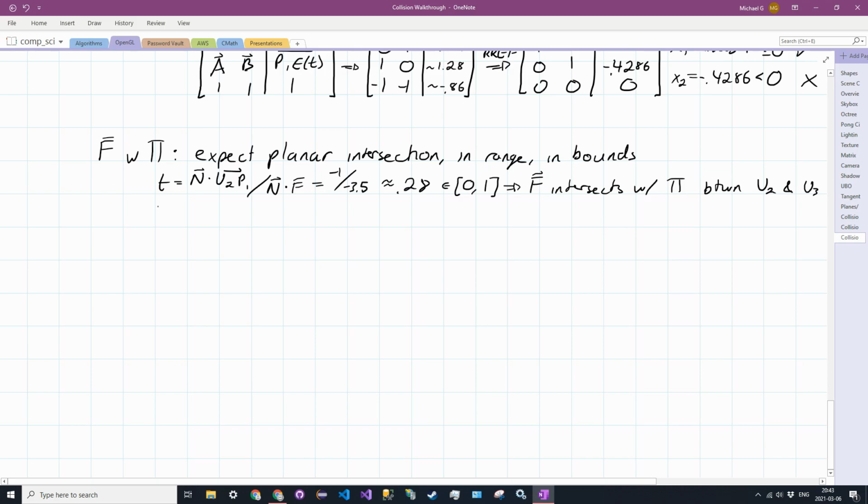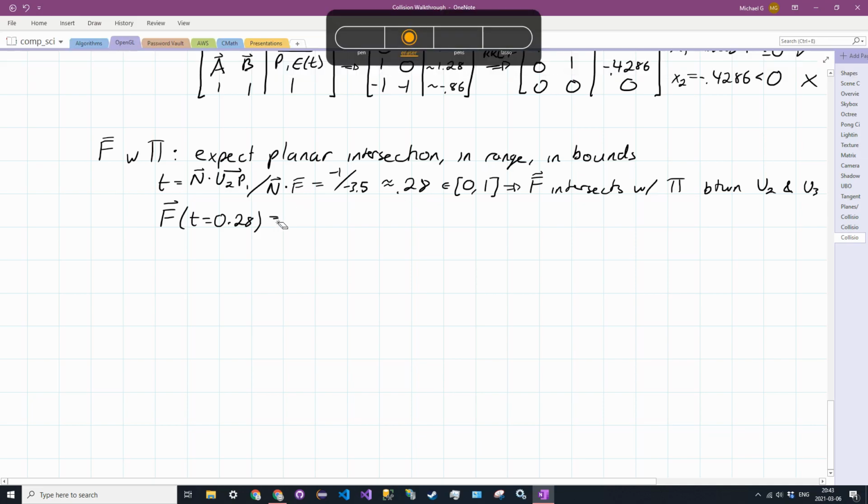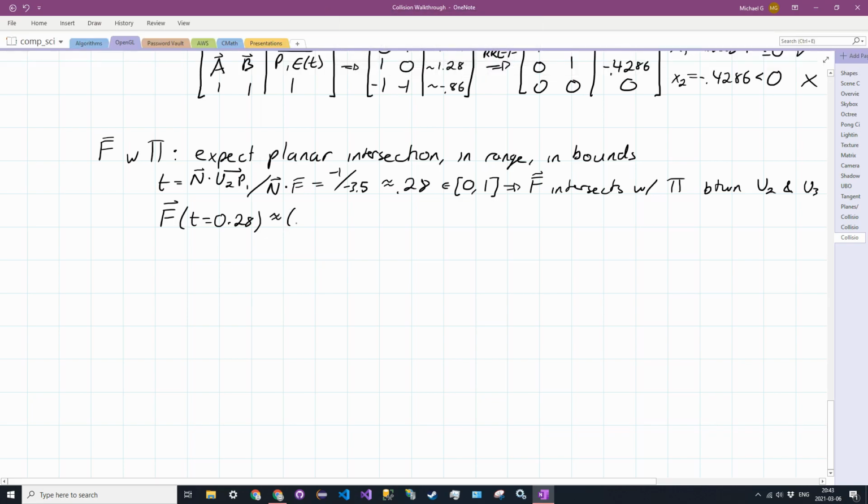Alright, so let's do our calculations. So the line F evaluated with t equals 0.28, make sure it's the exact value 1 over 3.5. If you're trying to do this by hand, do not plug in 0.28. This is going to give us approximately 0.28, 0.56, and 0.14.